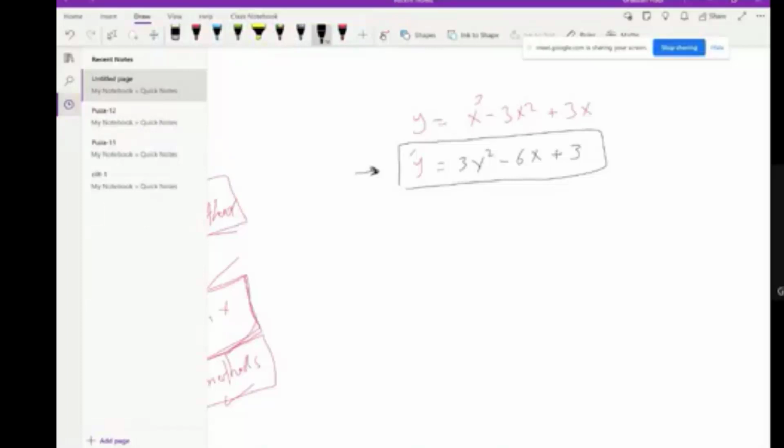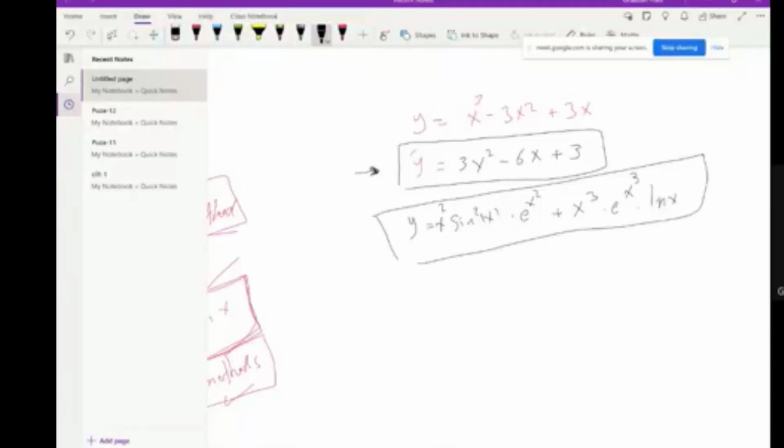If we have some difficult equation, for example, sine squared x by, let's say, x squared, and here, for example, e to the x squared plus something like x cubed by x e by... this is to differentiate this.